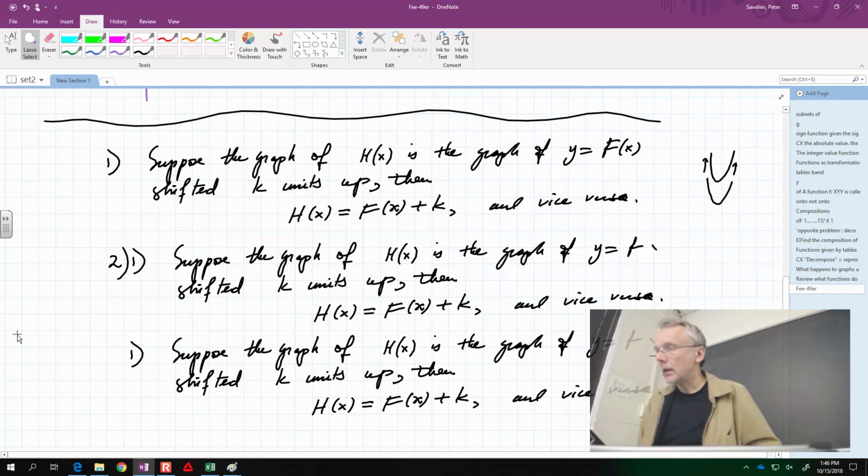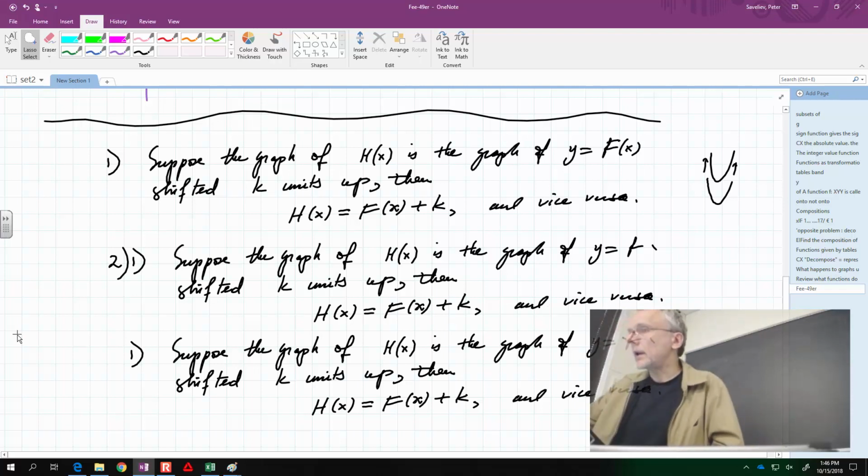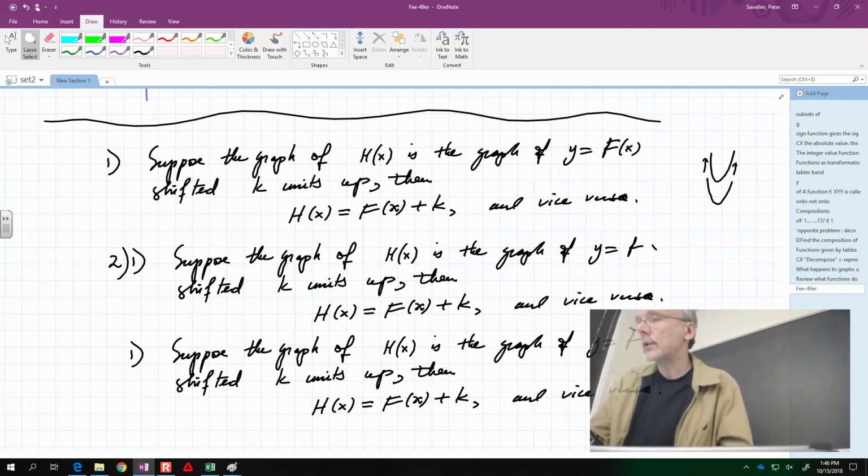Okay, so that is the shift. Number one is the shift. Number two is the flip.